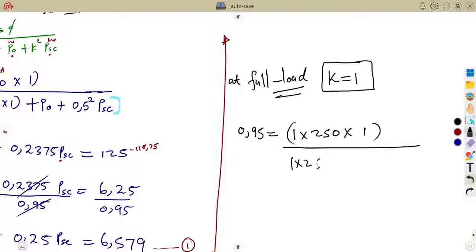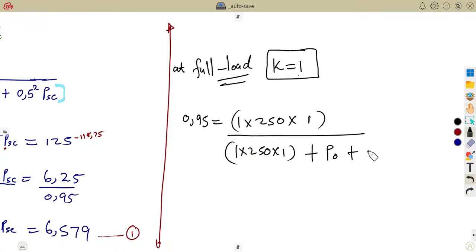This part remains as it is, plus the open circuit plus K squared. We are working with K as 1, and 1 squared is just 1. Just like the previous case, this is the same as over 1.